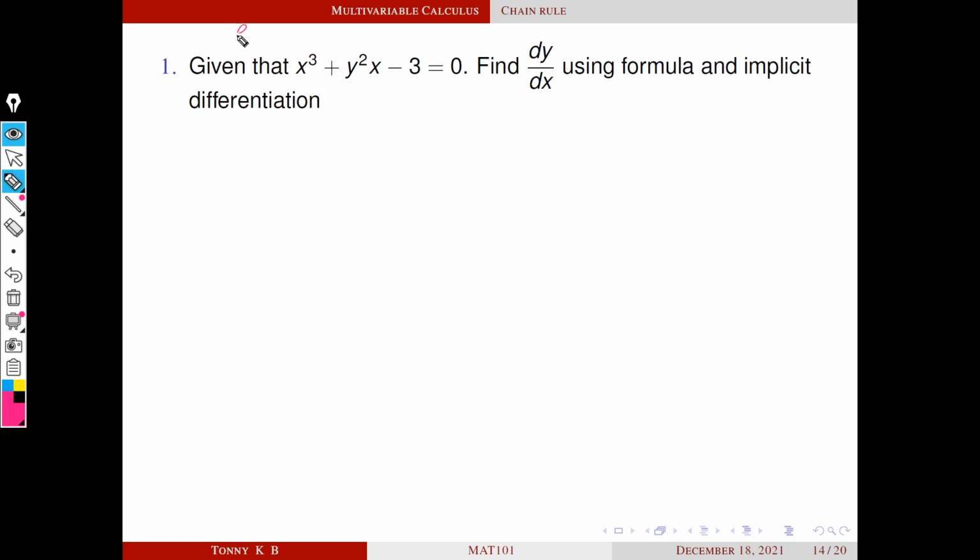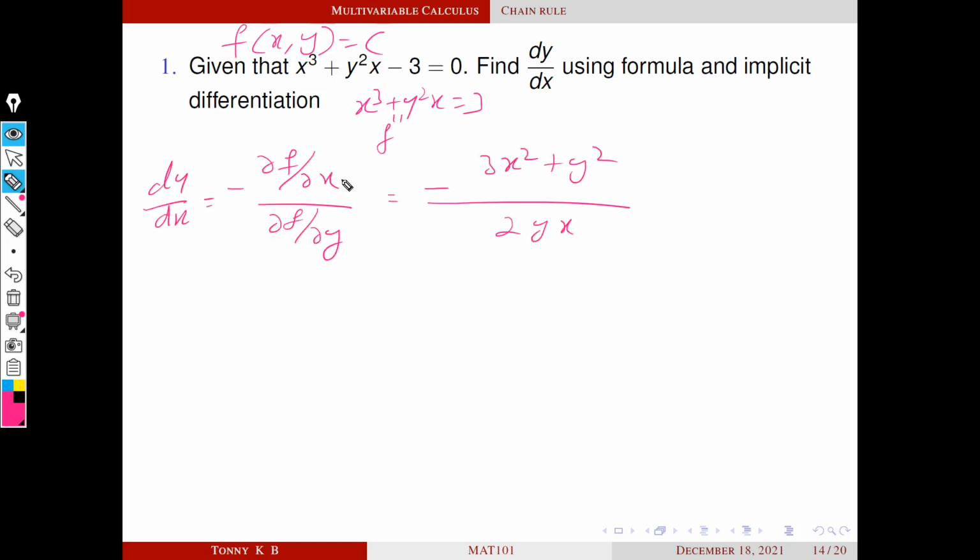In our previous result, we have seen that the function is of the form f(x,y) equal to c. So you can convert this function like this: x cube plus y square x is equal to 3. So what is our f(x,y)? f is nothing but x cube plus y square x. And you can write the formula and evaluate the derivative.